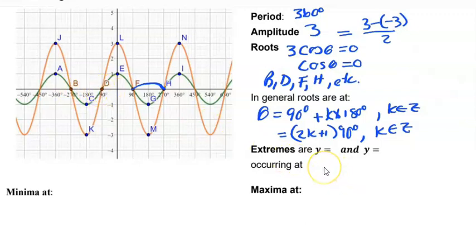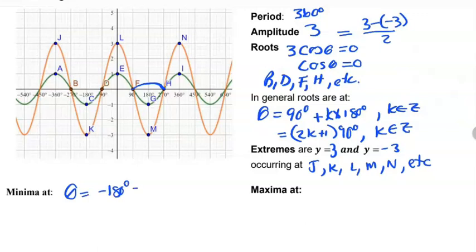So the extreme values, they are plus 3 and minus 3, and they occur at J, K, L, M, N, etc. That is where they occur. So the minima we will find, let us start with K. So at K we have negative 180 degrees. And then to get to the next minima, we need to add 360 degrees. So we write our general formula like this.